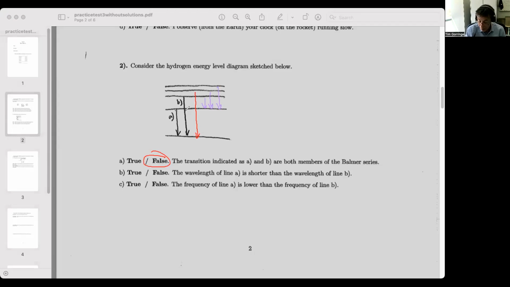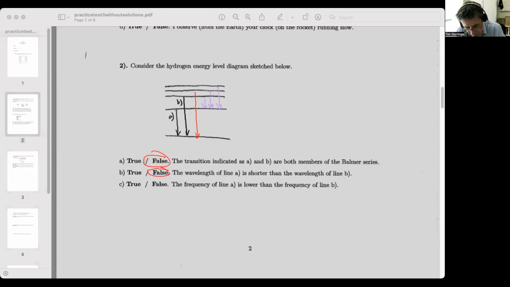If the frequency is smaller, the wavelength is correspondingly larger. So the wavelength of line A, which has the smaller photon energy and lower photon frequency, is longer than B.